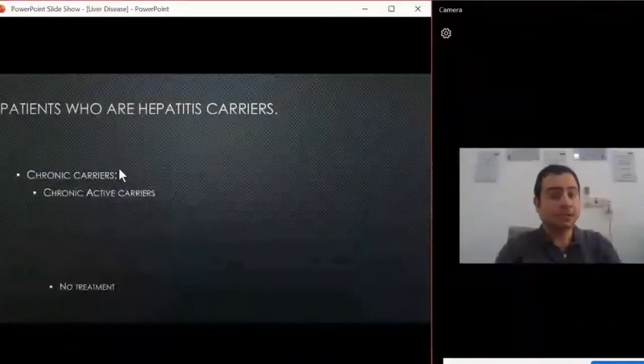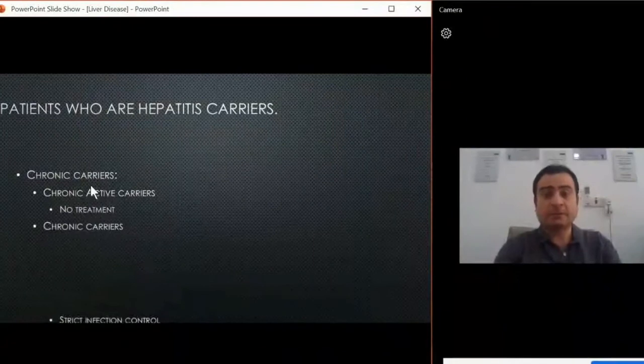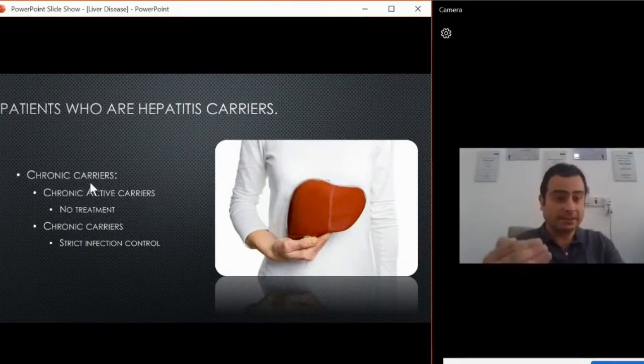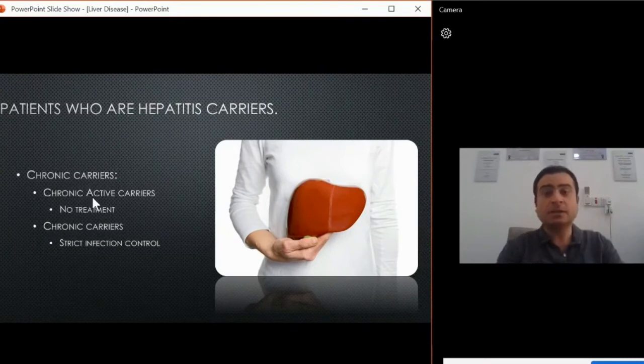Patients who are hepatitis carriers. Patients who are carriers for hepatitis can be either an active carrier, which means they have the disease and an active presentation of it. Okay? Having an active presentation of it means the liver is not functioning normally. So no treatment can be delivered for those patients.